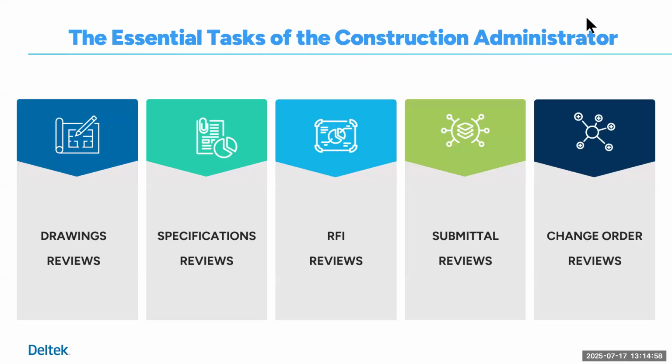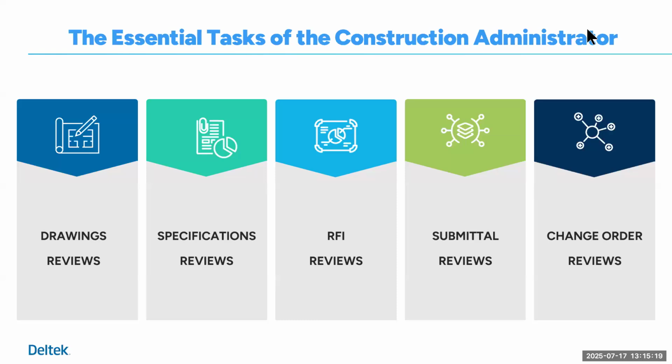Okay, so let's go in and talk about the process or some tasks. First, let's start with the tasks. We see that there's drawing reviews, specification reviews, RFI reviews, submittal reviews, and change order reviews.